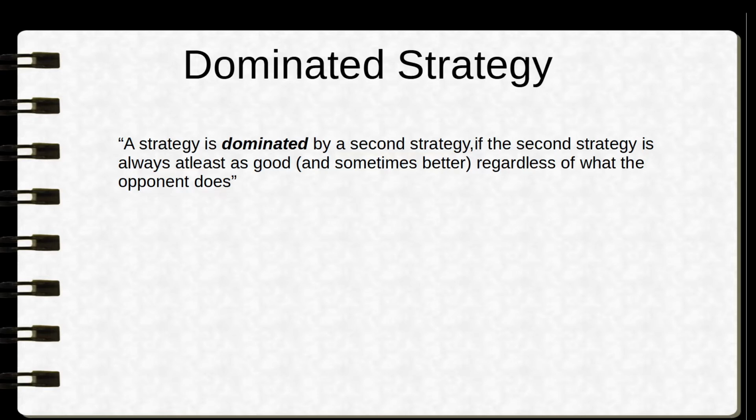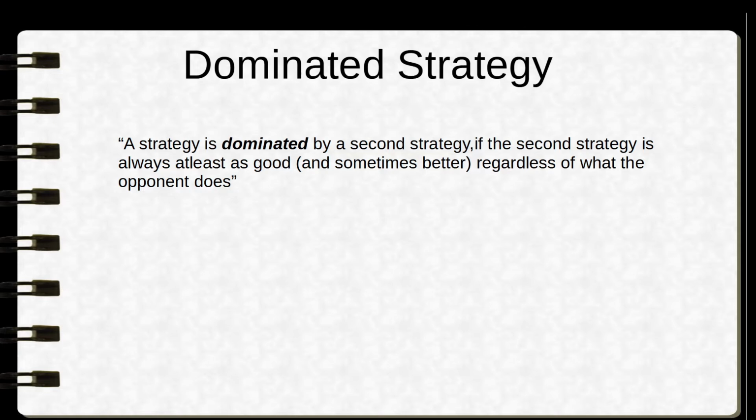He is totally clueless of what is going to be the strategy of politician number 2. He knows there are 3 strategies available to politician 2, but he is clueless out of these 3 what politician 2 might take. So this is what it means by regardless of what the opponent does.